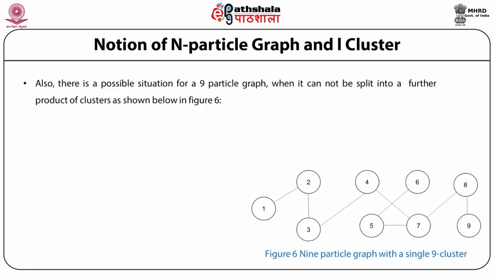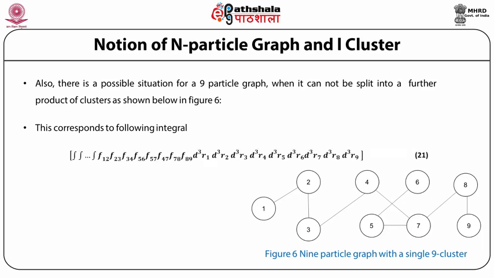Also, there is a possible situation for a 9-particle graph when it cannot be split into a further product of clusters, as shown below in figure 6. This corresponds to the following integral, a 9-dimensional integral over f12, f23, f34, f56, f57, f47, f78, f89. This integral cannot be factorized into further subintegrals.